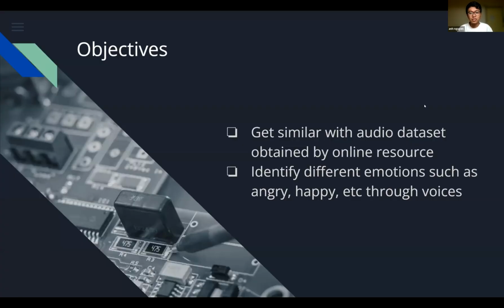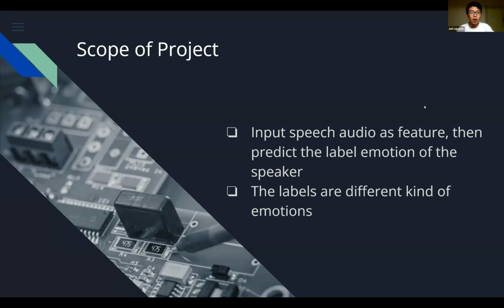Objective: get familiar with audio datasets offered by online resources and identify different emotions such as angry, happy, etc. through voice. Scope of the project: input a audio file as a feature, then predict the emotion label of the speaker.